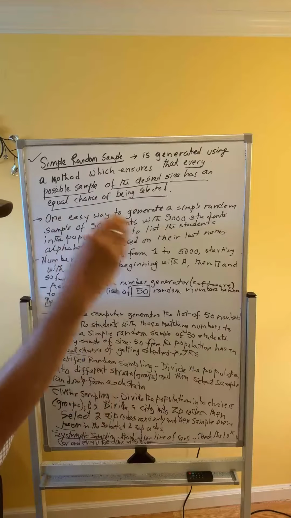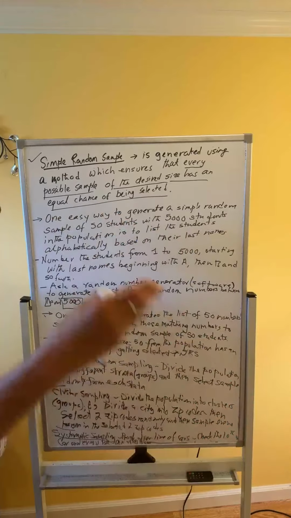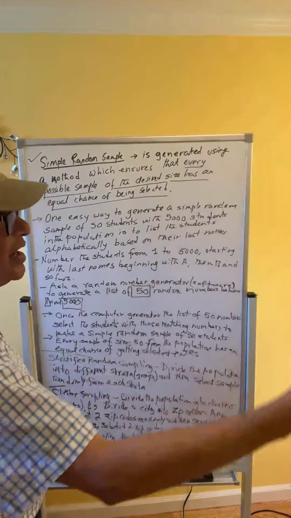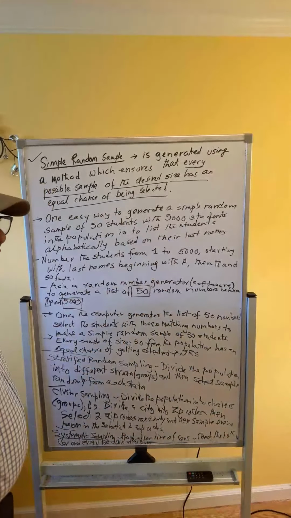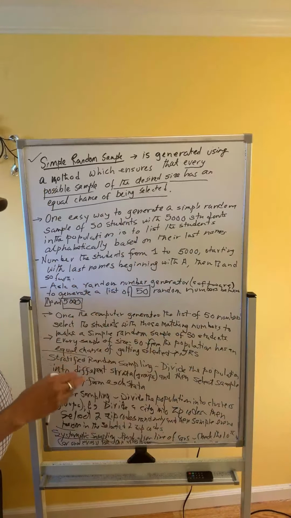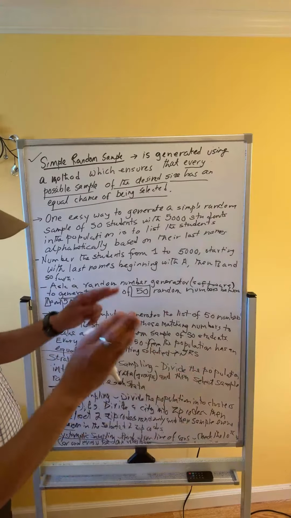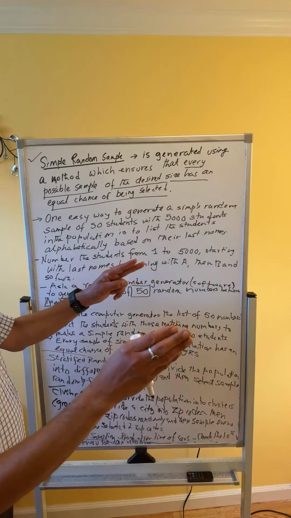And then ask a computer program, a random number generator, to generate a list of random numbers anywhere from 1 to 5,000. The list should consist of 50 numbers.